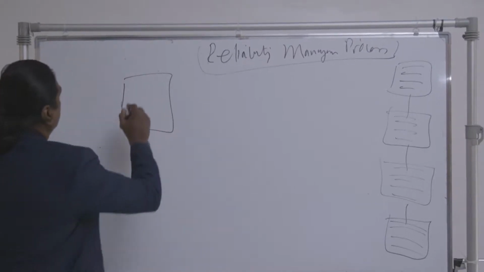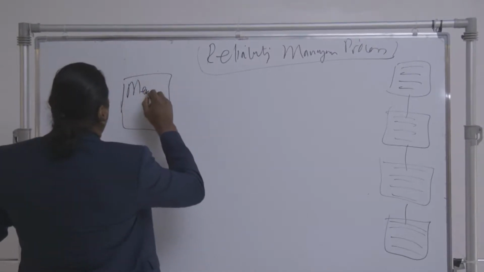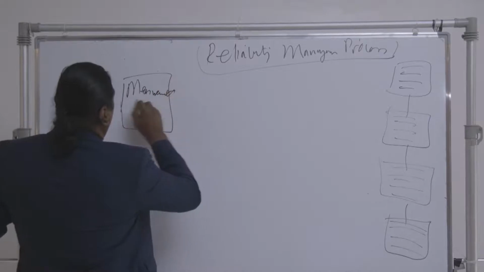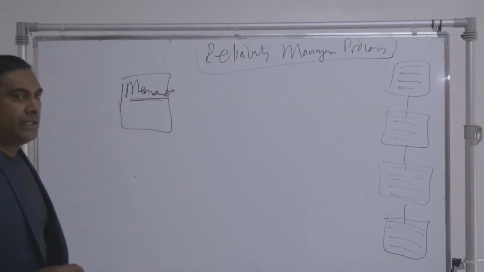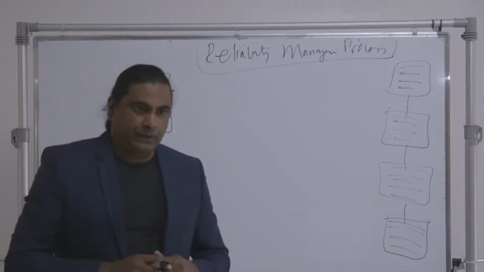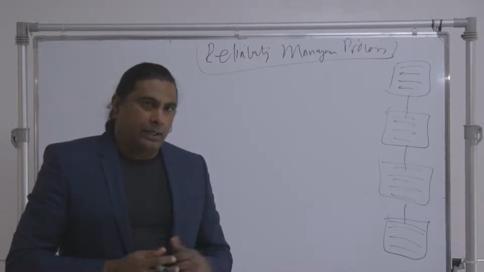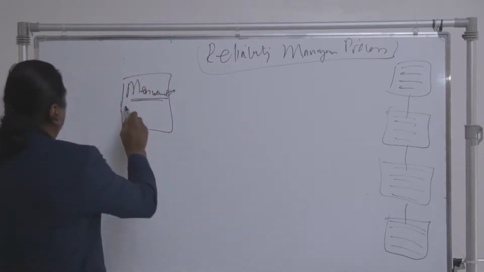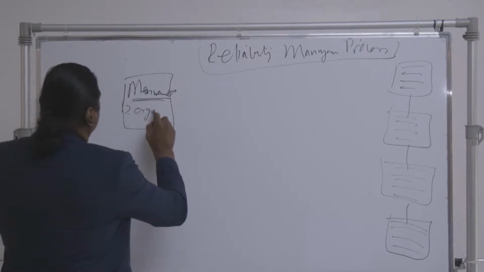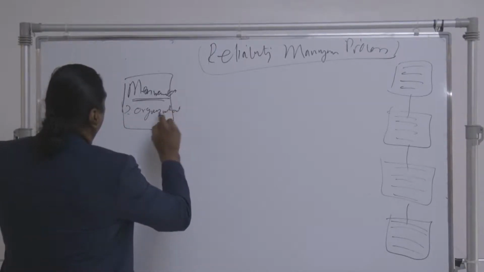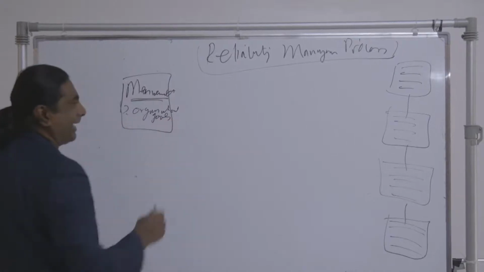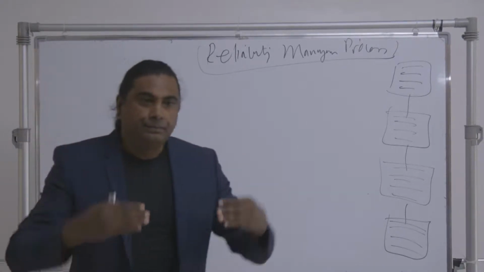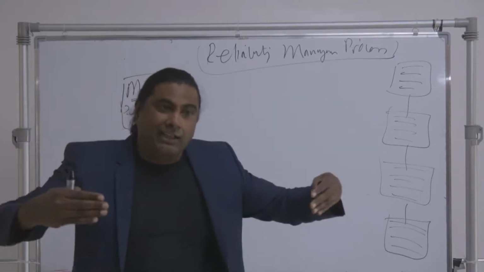The first step of that is measurement. In other words, we have to measure, and what we measure depends on our organizational goals. We're going to come back to that.